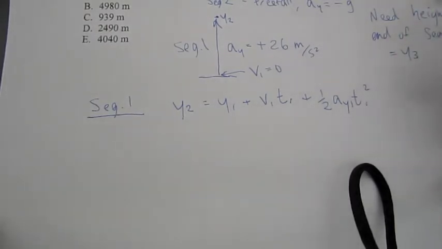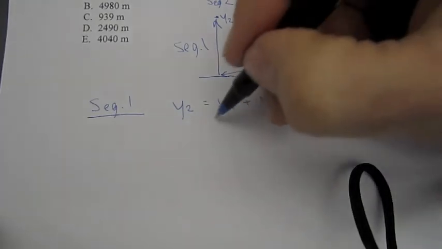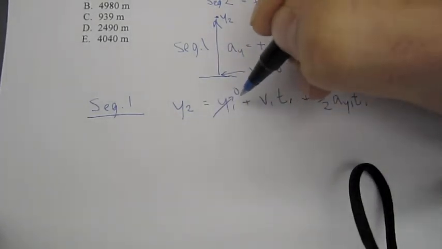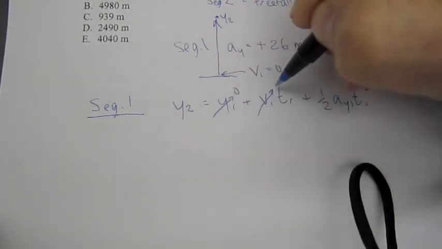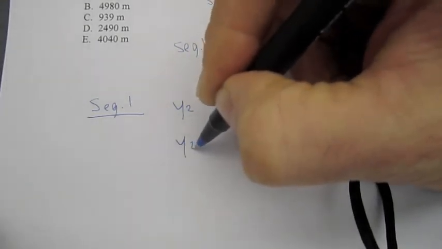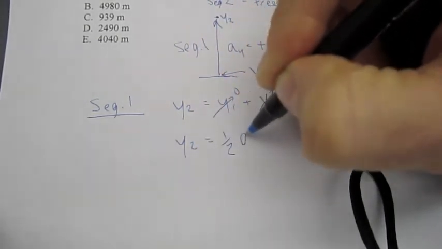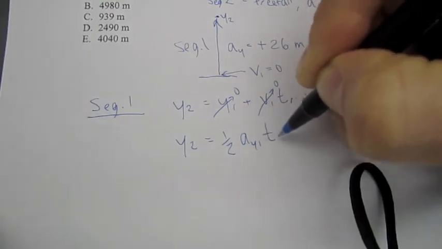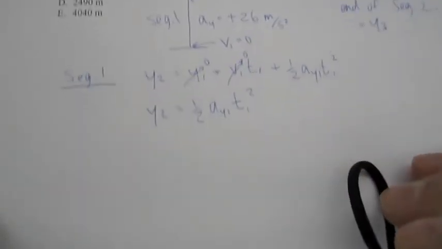We'll call this ay1 for that acceleration. We're going to set the initial position of the rocket to be 0 and the initial velocity of the rocket to be 0. So y2 is equal to 1/2 ay1 t1 squared. That's how high it gets.